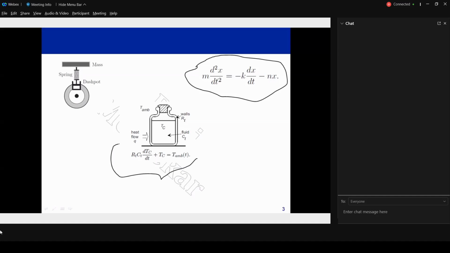However, when we write the equations, that is called modeling the system. And now we start simulating the system when we try to solve these differential equations. So how do we solve these differential equations? We will see.